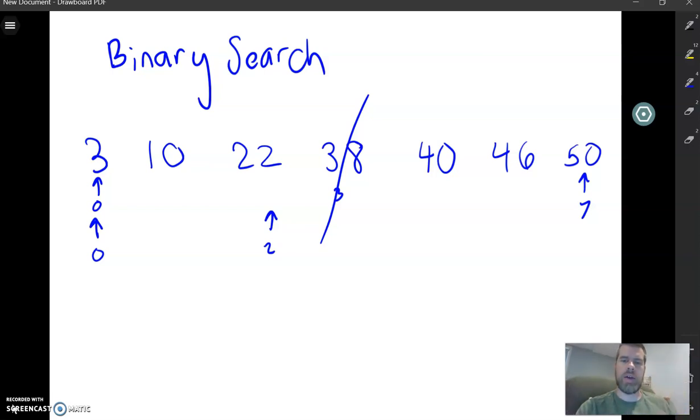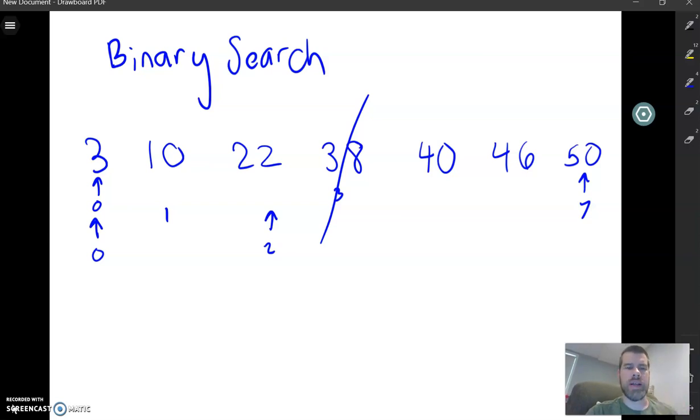It was the middle value. In this case, it's not, so we are going to recursively call the function again on the left half of our list. So we're going to decrease our range by quite a bit here. Instead of 0 to 7, now just 0 to 2. And so we look at the middle value of 0 to 2, which of course is index 1. We ask, is that the target value? In this case, yes, it is. And we would immediately return that.